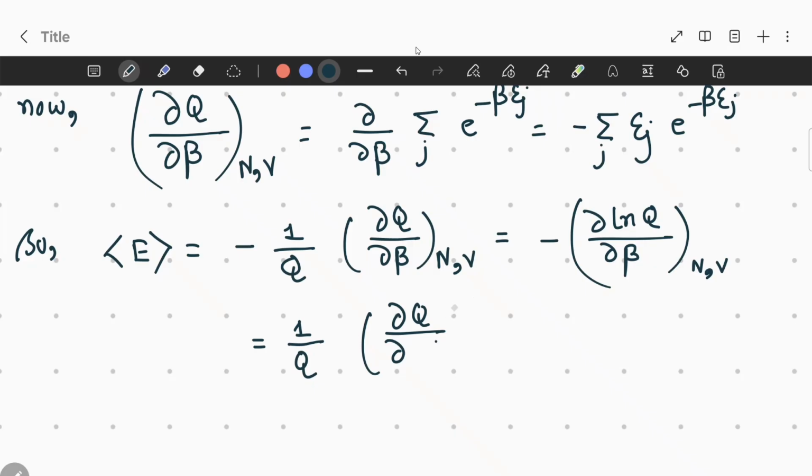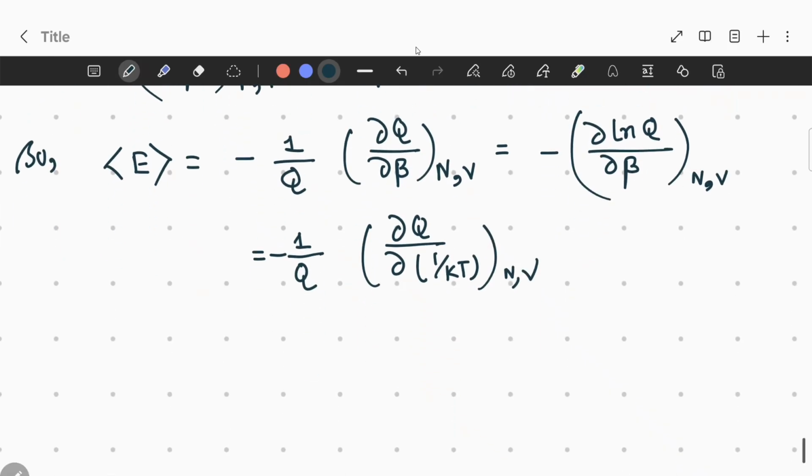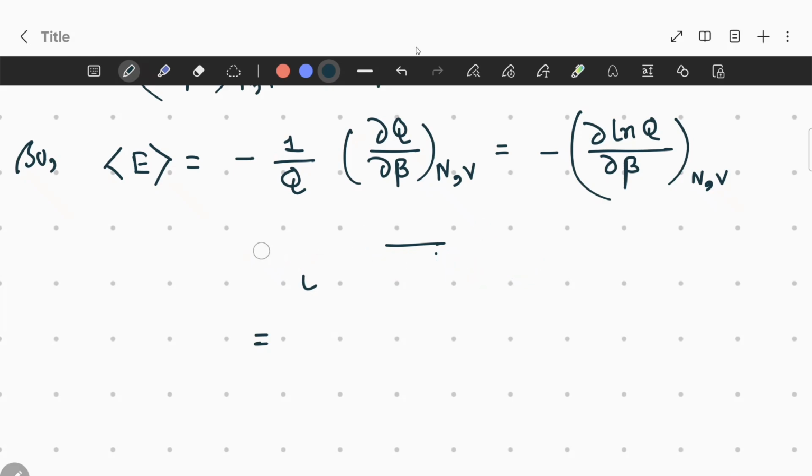Or from this equation also you can do it directly. Better to do that.